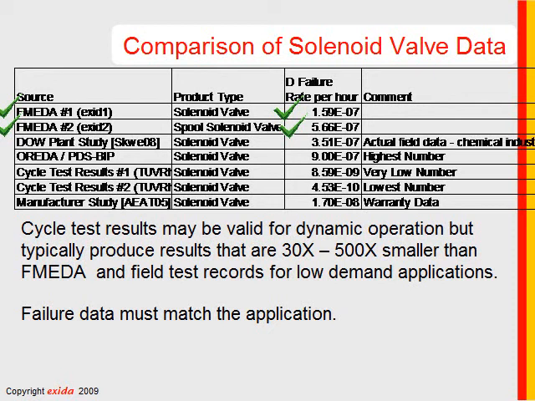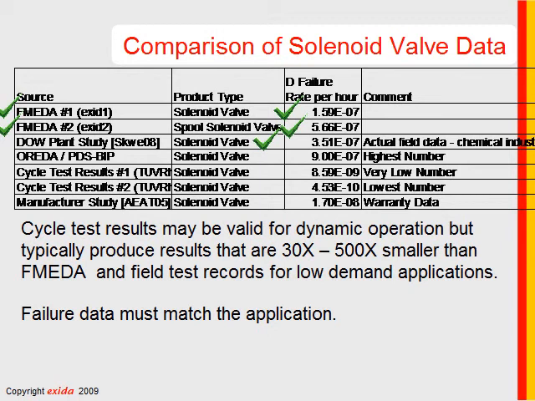The FMEDA numbers are frequently compared to actual field failure studies like this one from Dow Chemical that has a number 3.51, which actually is right in the middle of the FMEDA range, probably showing that they have averaged a number of different types of solenoid technologies into one number, because only one number was published.